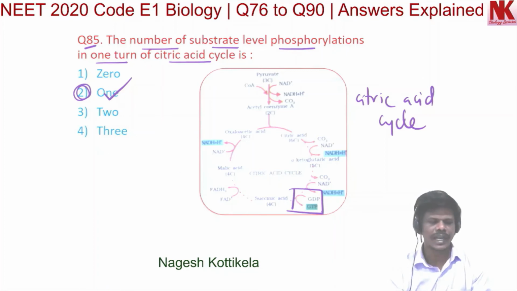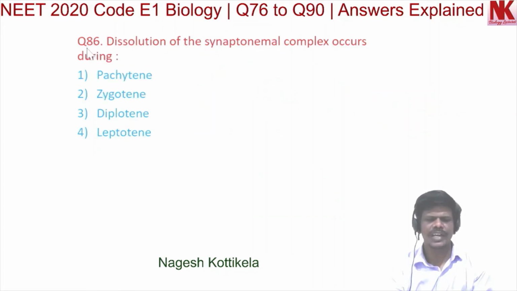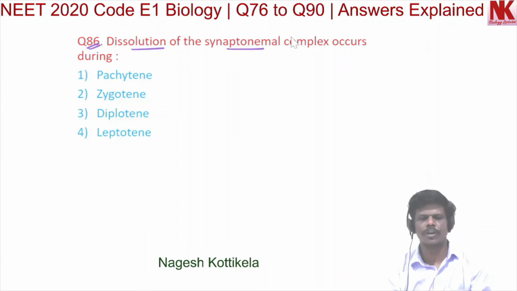Now moving to the next question, question 86. Dissolution of synaptonemal complex occurs during option 1 Pachytene. This is wrong, because during Pachytene crossing over occurs. Option 2 Zygotene.